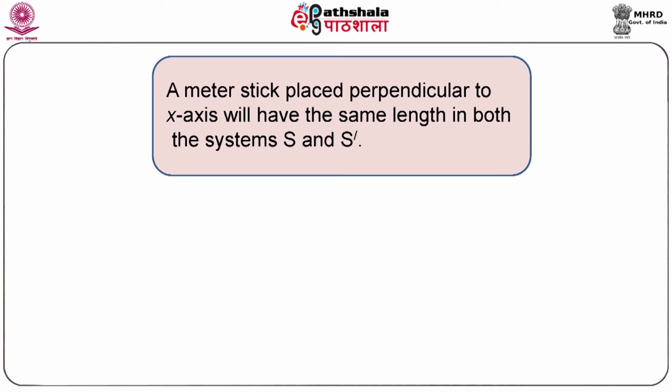That is, in S and S dash, the rod will have the same length. Why? From Lorentz transformation, we have already found that y dash equals y and z dash equals z. That is why in the transverse direction, the rod has the same length in both frames S and S dash.